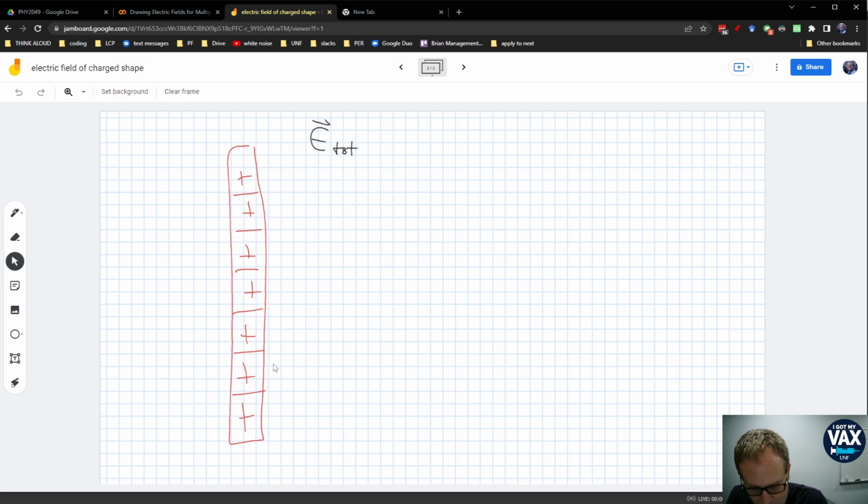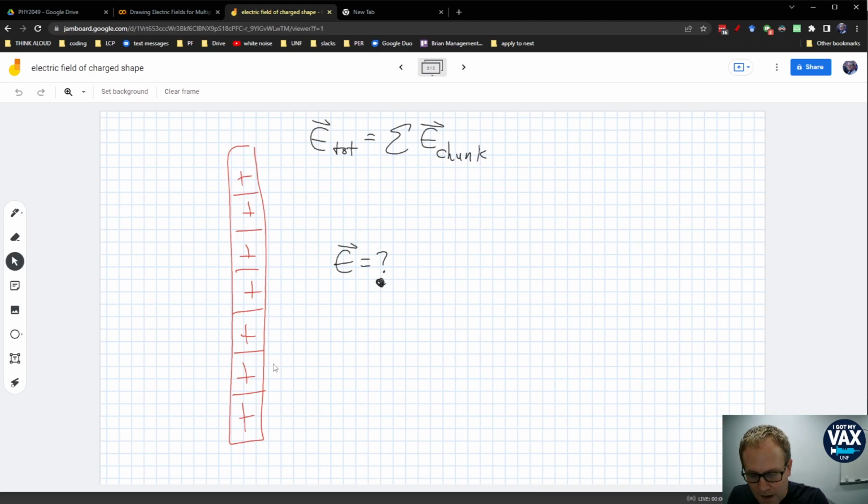Pick a point here. Say this is where we want the electric field. The total electric field there is just going to be the sum of all the electric fields for each individual chunk. So you take chunk 1, chunk 2, chunk 3, etc., etc. And there's kind of two ways to think about this. There's the mathematical way, and then there's the programming way. Let's talk about each of these.